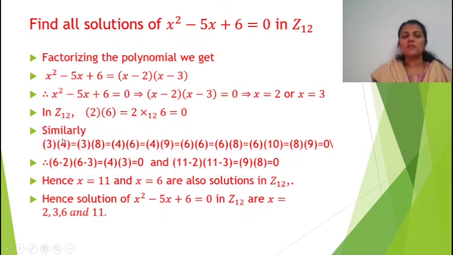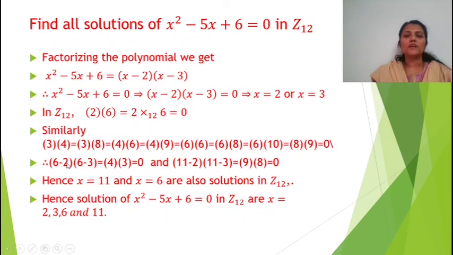Similarly, 3 multiplied by 4 modulo 12 is 0, 3 multiplied by 8 is 0, 4 multiplied by 6 is 0, 4 multiplied by 9 is 0, 6 multiplied by 6 is 0, 6 multiplied by 8 is 0, 6 multiplied by 10 is 0, and 8 multiplied by 9 is 0. So all these products are equal to 0.